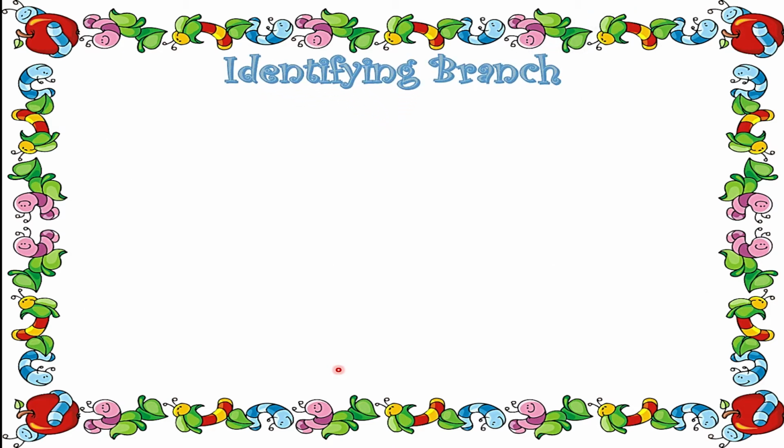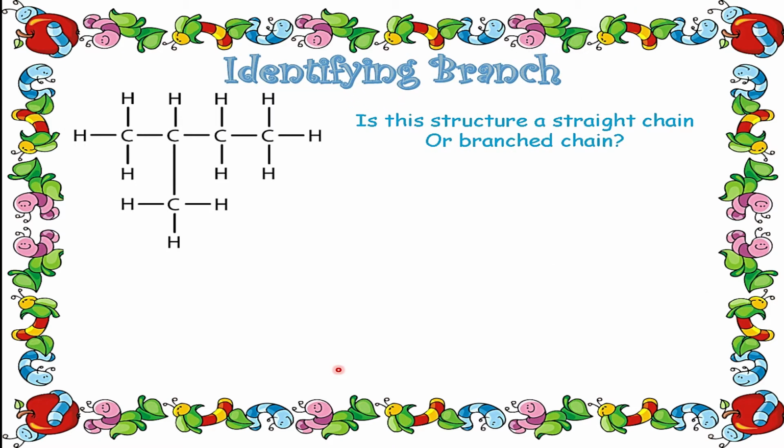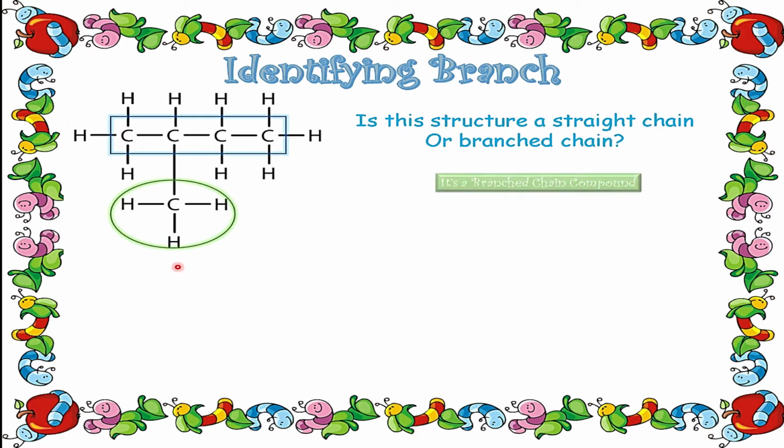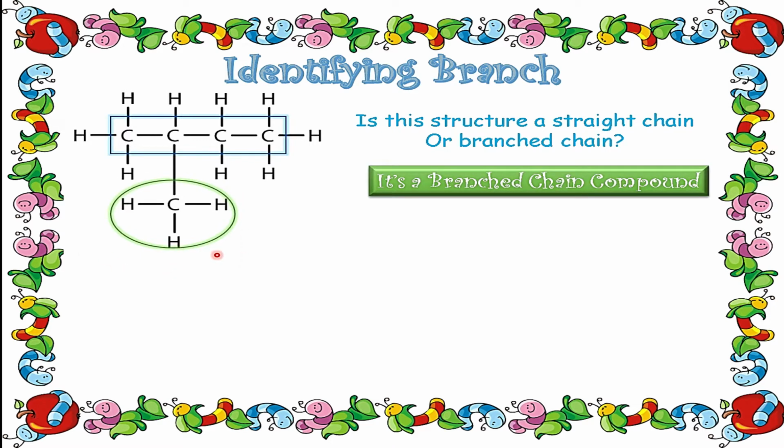Now let's identify with me. Is this structure a straight chain or branch chain? First select the chain containing the maximum number of carbon atoms. So I have selected this chain containing 4 carbon atoms. This carbon is not included in the chain, so it will be considered a branch chain compound.